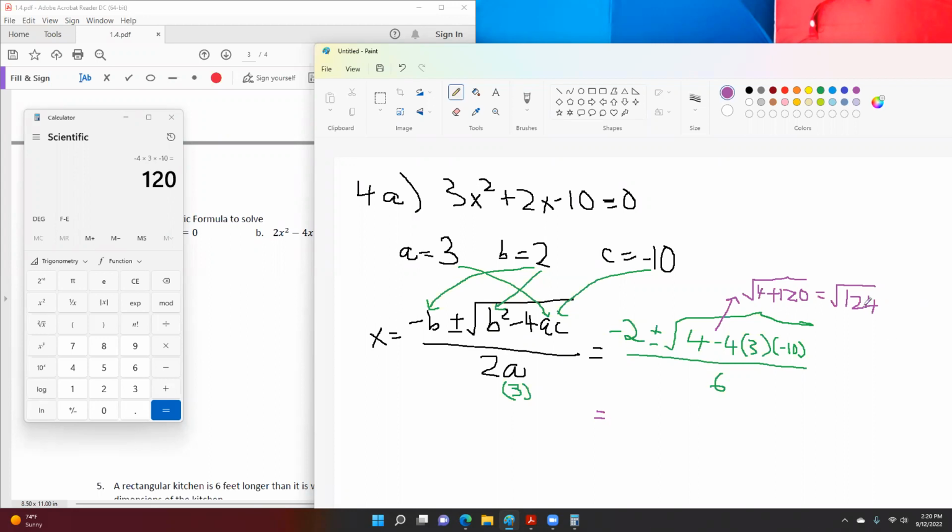Remember how we break a square root down: they have to be a perfect square, and that perfect square has to be a big number. So I take 124 divided by 4. Looks like it works. So 124 can be broken down to become 4 and 31.